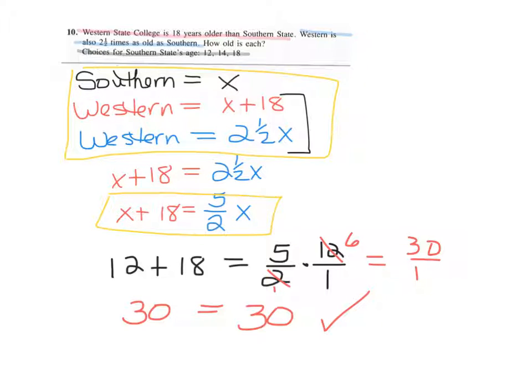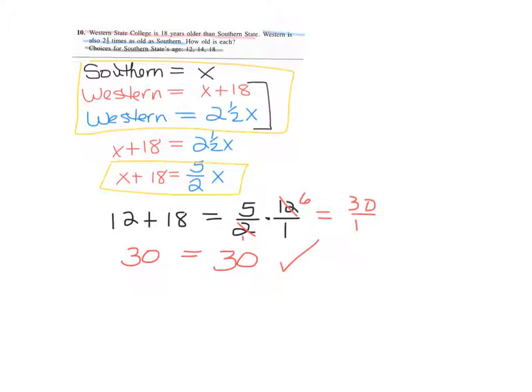So now that I found the one that works, Southern is 12, but for Western, I now have to take the 12 that I just found that works and plug it into the Western. I can either choose to plug it into the x plus 18, or I can plug the 12 into the 2.5x.